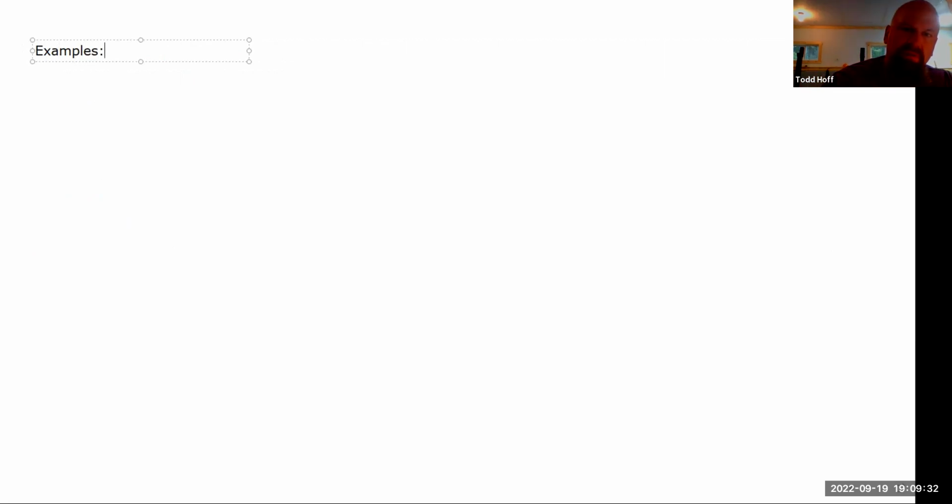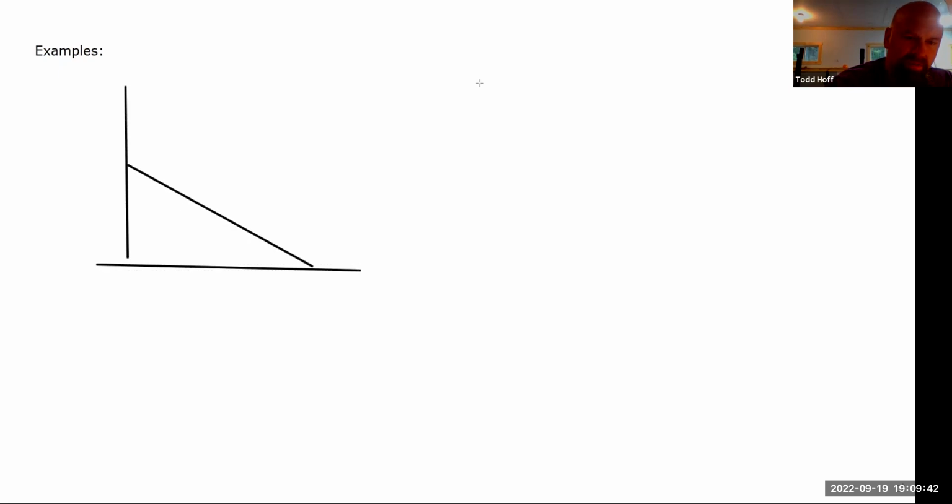So the first one I'm going to do is going to look like this. It's just going to be a graph. It's going to be a triangular distribution. Now, any probability distribution has to have a total probability of 1. So that means in dealing with a continuous distribution, the probability is the area under the graph.